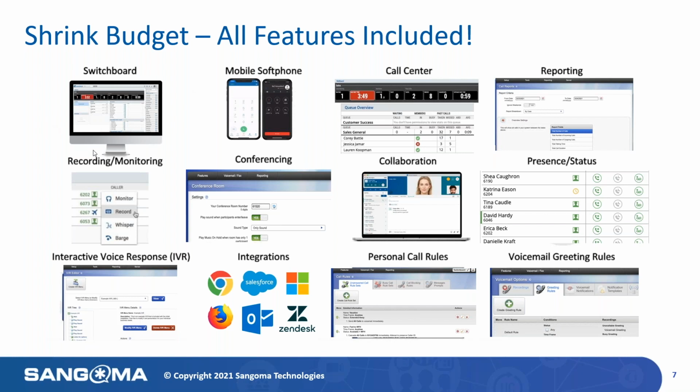Somebody on the admin side might be more inclined to use the switchboard, needing to see who is on and off of a phone call, whereas somebody in IT that has to bounce between different locations and buildings might need access to an application on their cell phone that allows them to stay connected to the phone system no matter where they are. With this solution, everybody can have access to all of these features and use them in different ways. You can set up that IT staff or admin staff to have access to the features that you want and block the features that you don't want them to have.